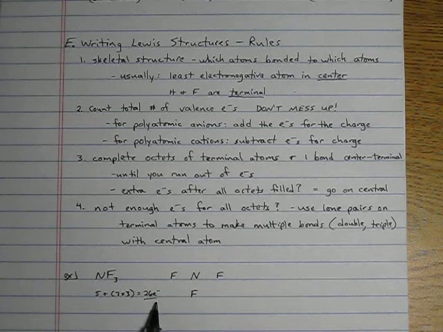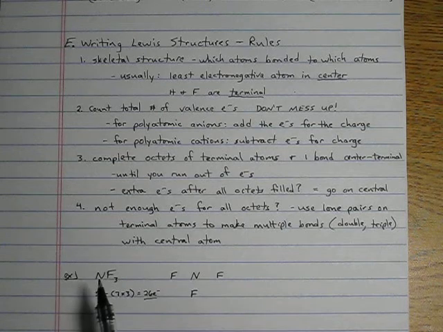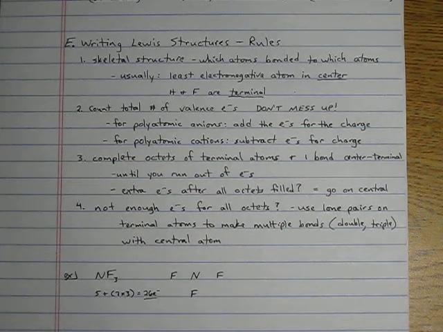Double check that, make sure that's right. 26 electrons. Note that fluorine is more electronegative than nitrogen, therefore we're pretty assured that fluorine is the terminal atom, nitrogen is the central. This tells us we have a nitrogen with 3 fluorines bonded to it.